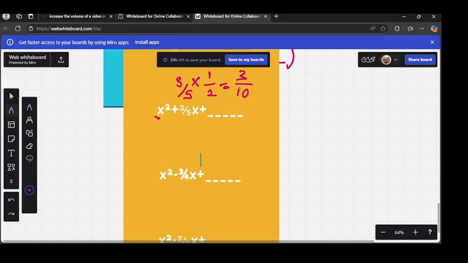So half of 3 over 5 is 3 over 10. I will add the square of this to make the perfect square. So to complete this square, I would add 3 over 10, but remember to square it. So this is a perfect square, and it is the square of x plus 3 over 10.